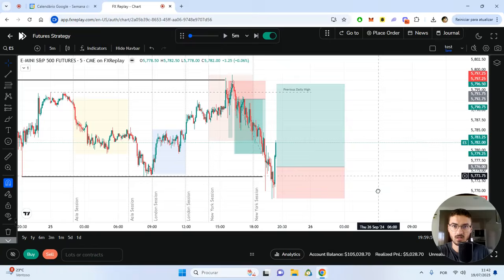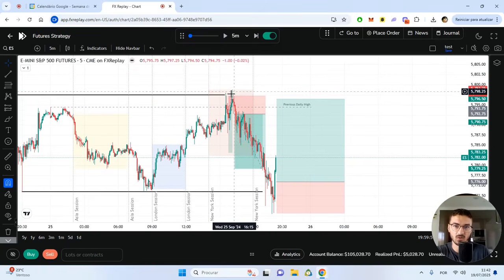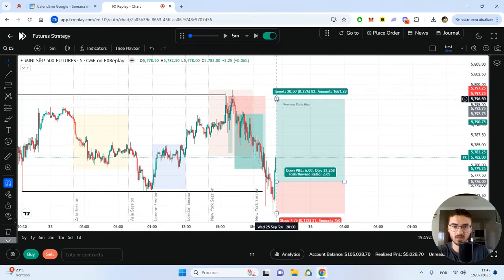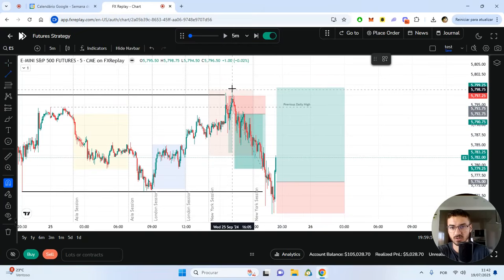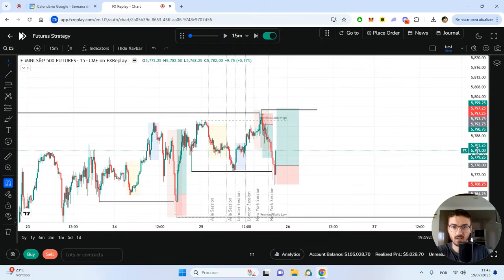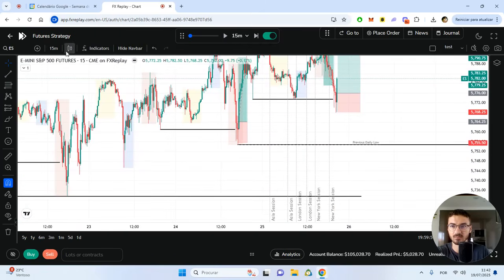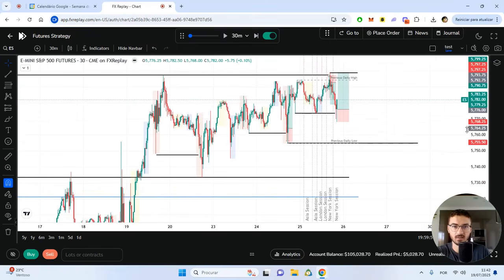So we have broke this, so we might go down from this sweep of liquidity, but this actually might become another trap, and we're still bullish at the end of the day. But yeah, we might be going from one liquidity to another, but you might also think on a higher time frame, right?